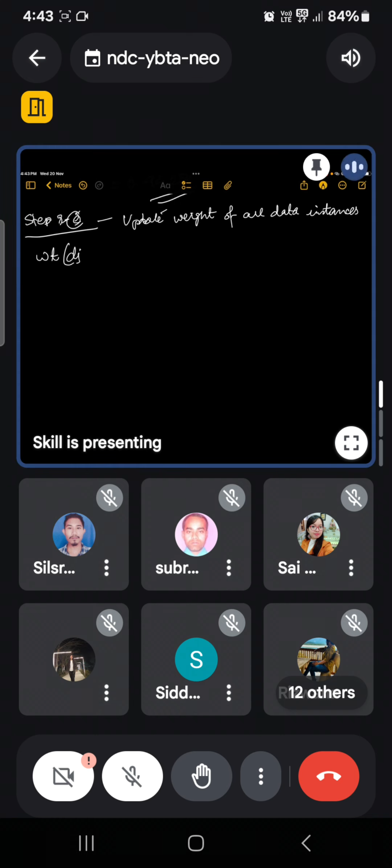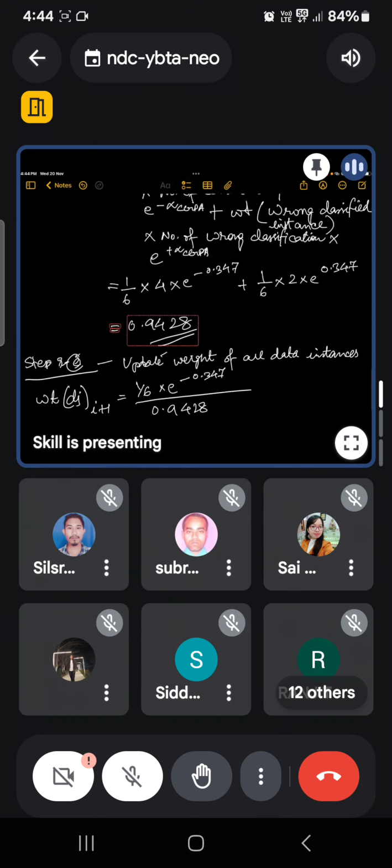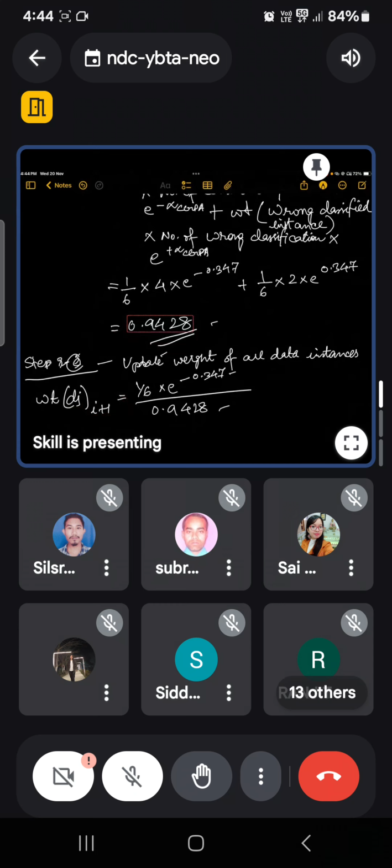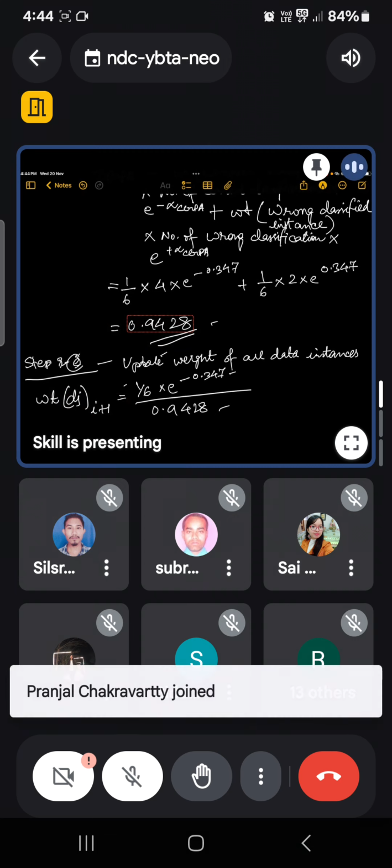We can calculate it like this: the original weight, times e to the power minus 0.347, divided by 0.9428. We are just putting the value of the weak classifier weight here.